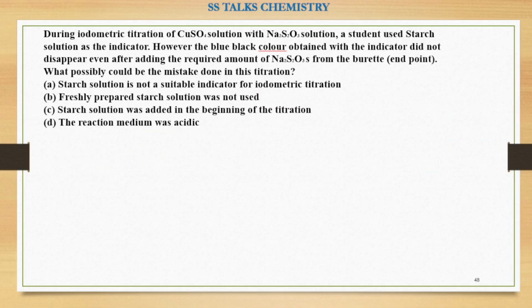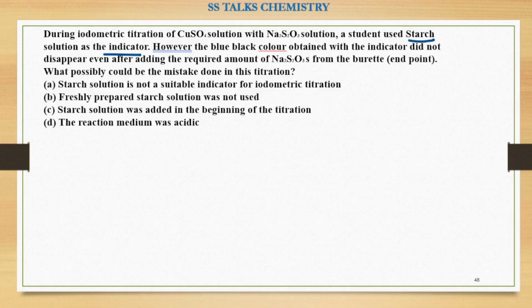Okay. Next one is this. It says during the iodometric titration of the copper sulfate solution with the sodium thiosulfate solution, a student uses a starch solution as the indicator. For iodometric titrations, starch is used as the indicator.